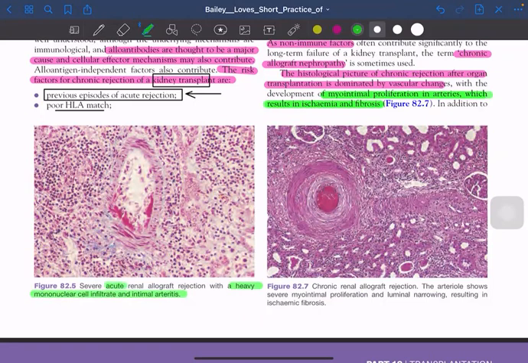In chronic renal allograft rejection, very important, myointimal proliferation and luminal narrowing result in ischemic fibrosis. This is the myointimal proliferation, and this is thrombus.